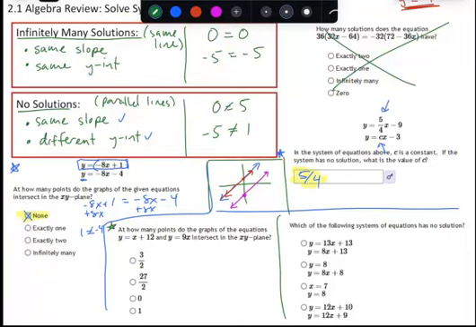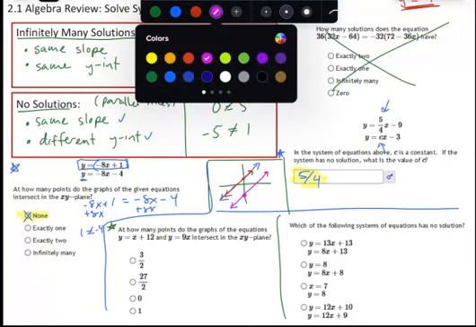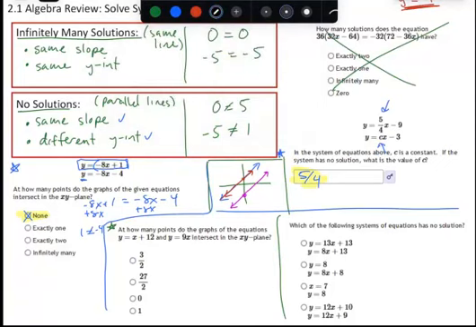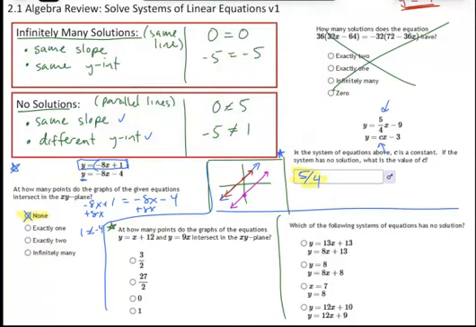And if you compare that to this final example here, if you took a line and you moved it here, now you have this one intersection. So this is a system that will have one solution point.